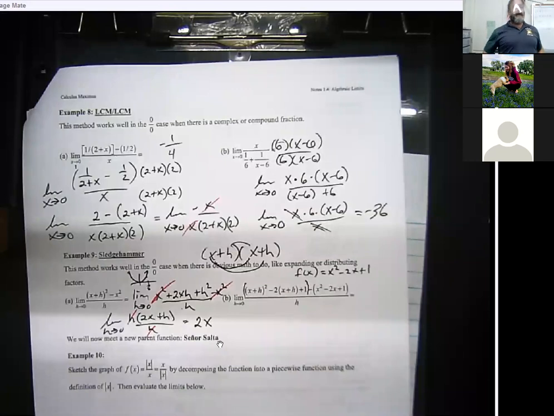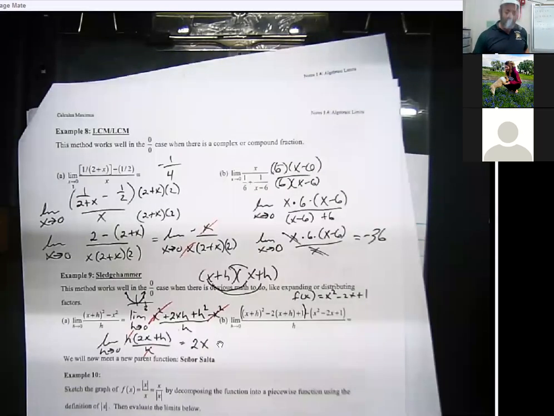We're really close to being done for the day. Wanted to get to Senor Salta and the sledgehammer. Those are the two that I wanted to talk about. If we'll even get to see more stuff.